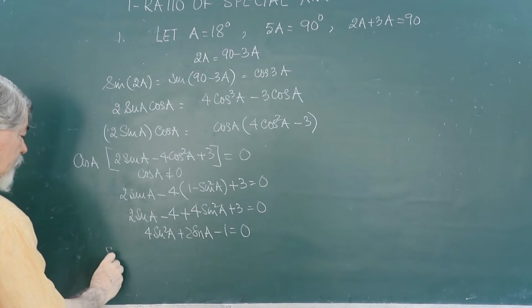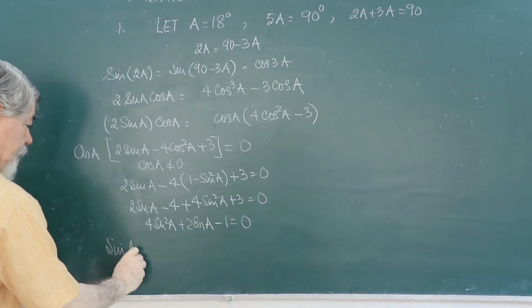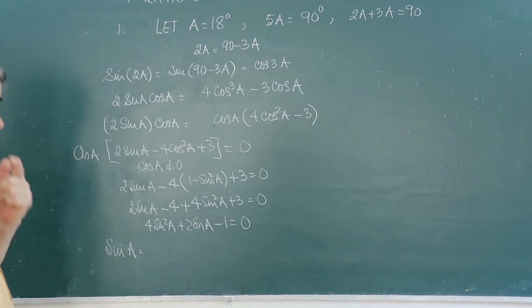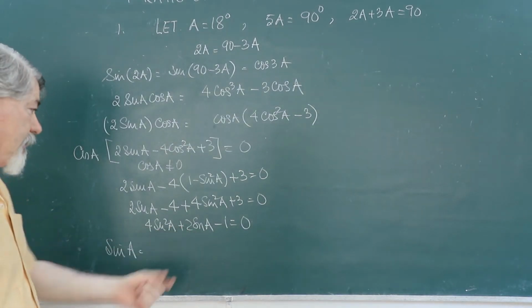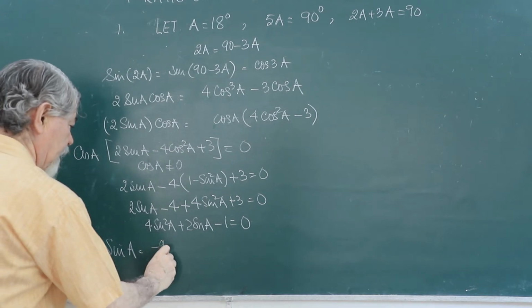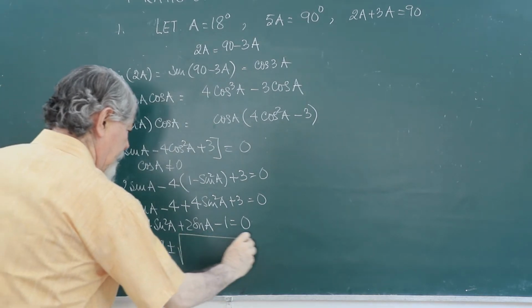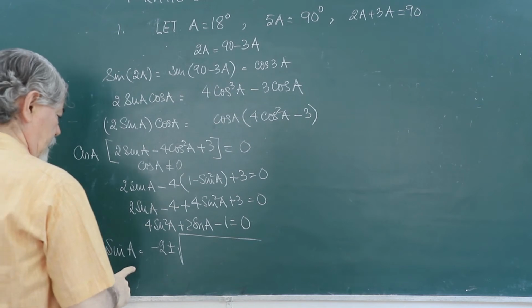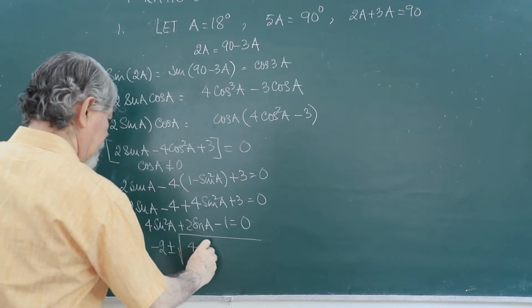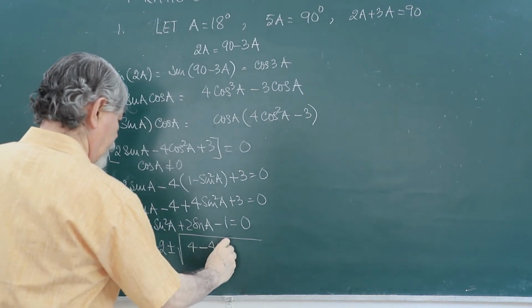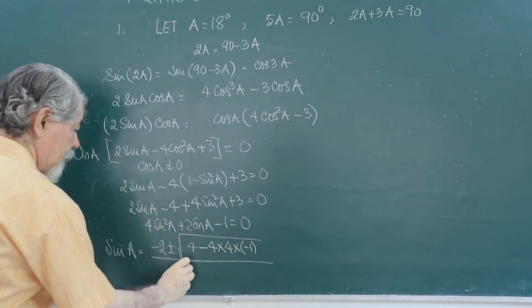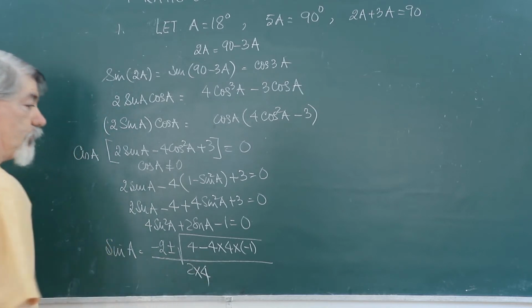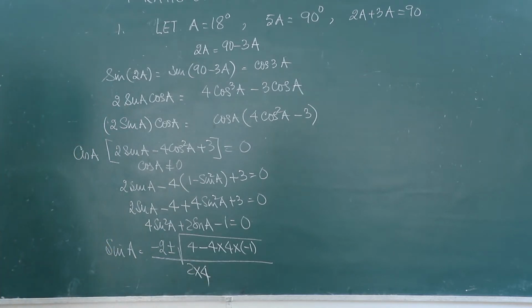Sin A will be equal to minus B, what is B? The coefficient of sin A here. So minus 2 plus minus square root of B square minus 4AC, B square is 4, minus 4, A is 4 and C is minus 1, upon 2 into A, 2 into 4. So what will you get?